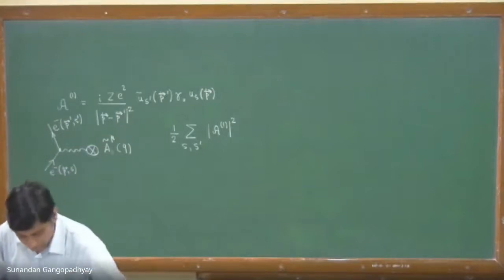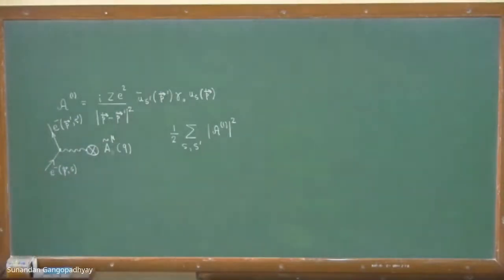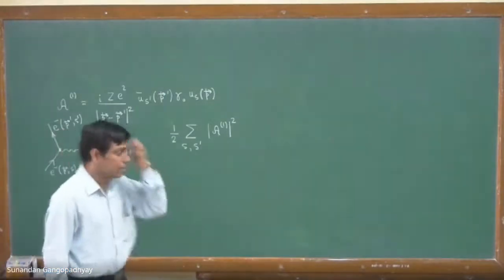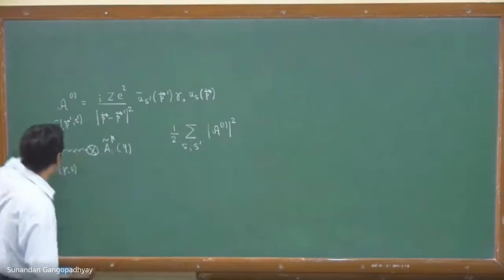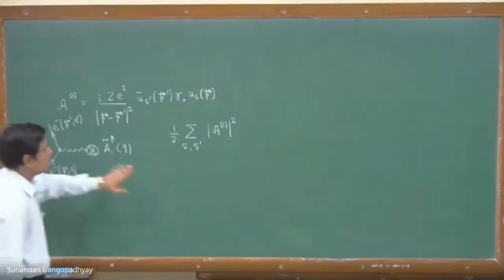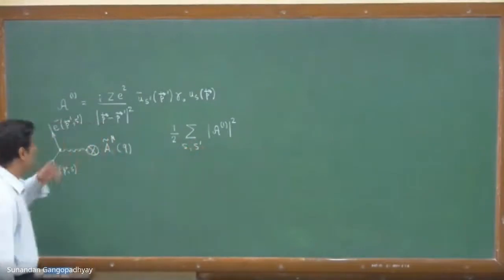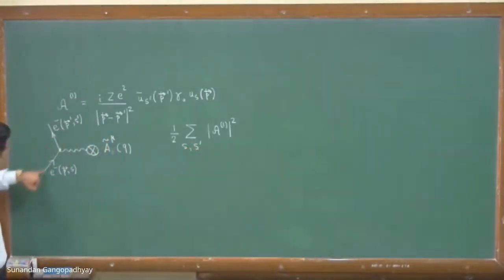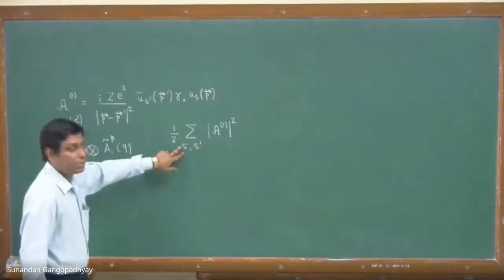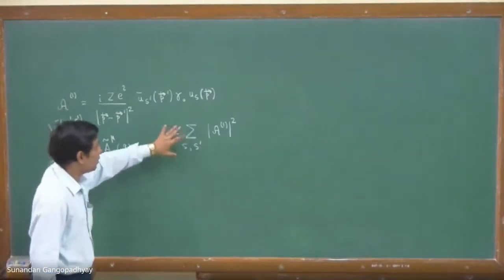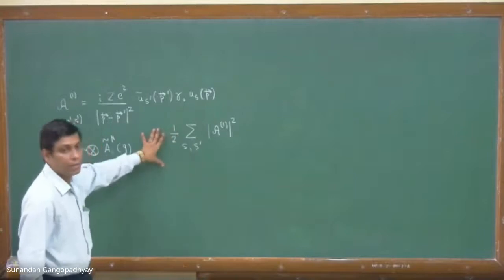What are we doing here? We are looking at the spin of the electron. It can take two states. So we are summing over the final spin states, and we are averaging over the initial spin states. Since there are two initial spin states, the average means we sum over s and divide by a factor of 2.